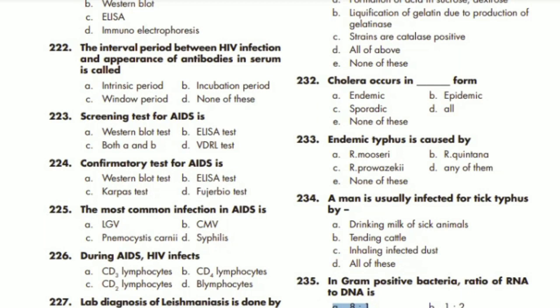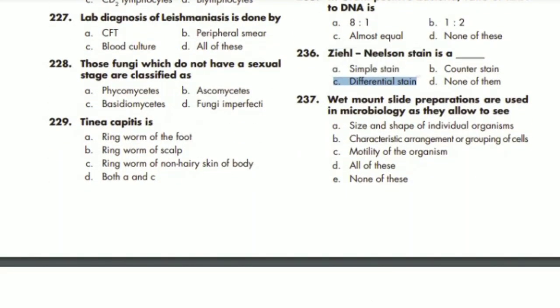Ziehl-Neelsen stain is mostly a differential stain. C is the correct option. MCQ 237. Wet mount slide preparations are used in microbiology because they allow us to see size, shape, characteristics of the cell, and motility. So D is the correct option, all of these.